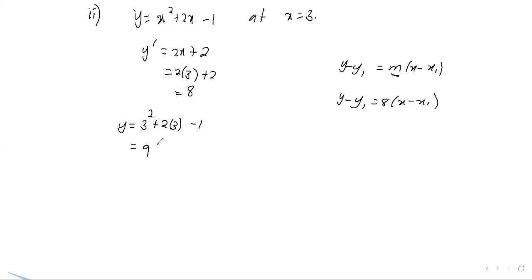So we have 9 plus 6 minus 1, which is equal to 14. So that is the y coordinate. When x is 3, y is 14. So now we have y minus 14 is equal to 8 times x minus 3. You can simplify this if you want.